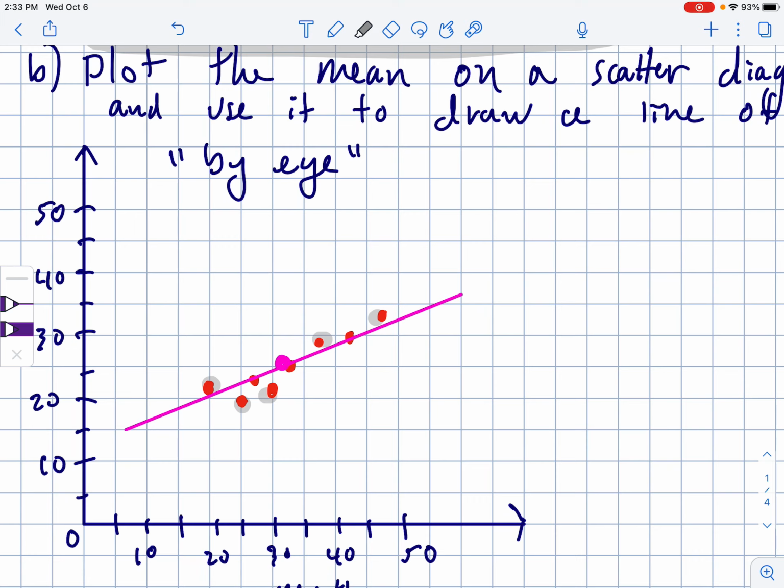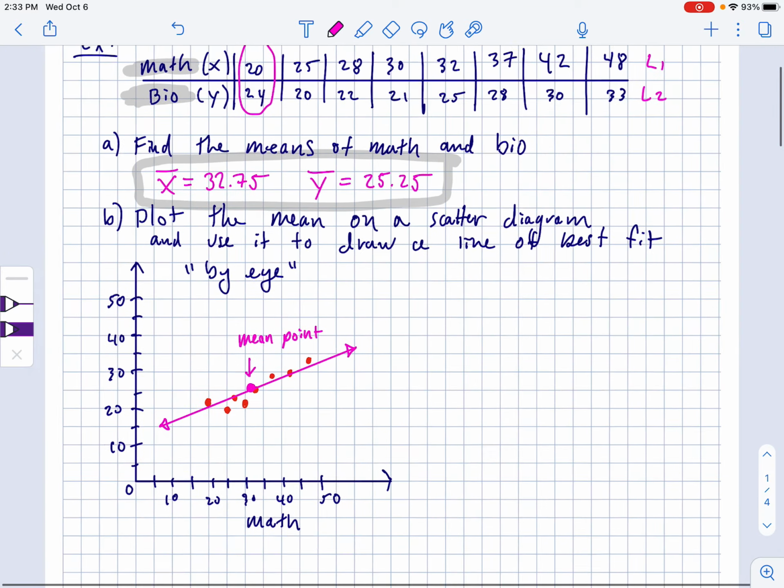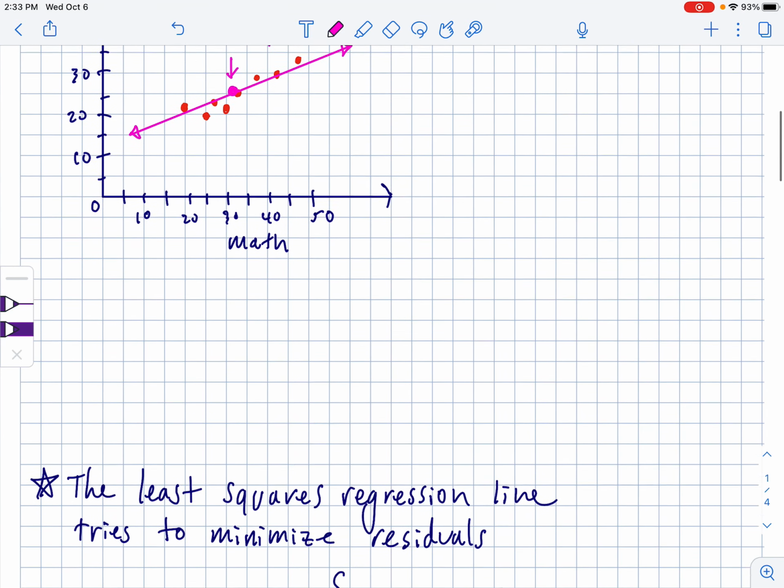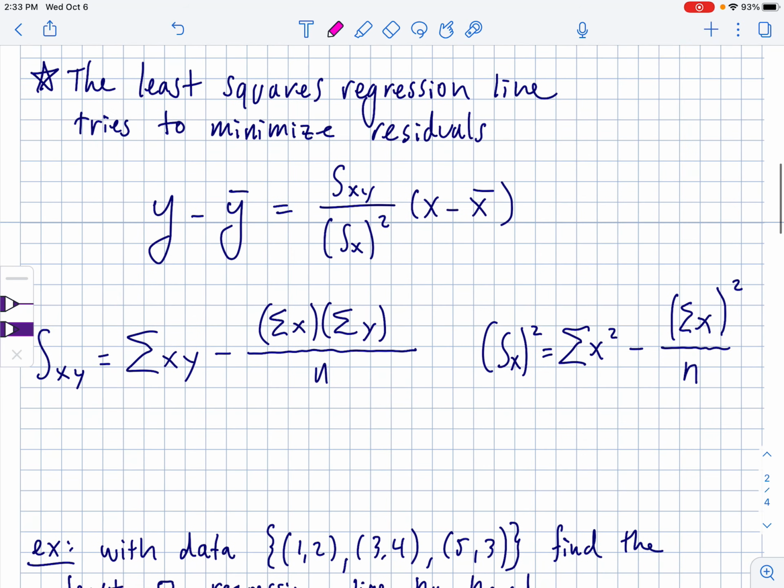Do you see that I tried to get 1, 2, 3 above and maybe 3 below, but it's not perfect. It's the by-eye method. So you just try to get about half above and half below, and it goes through the mean point. Okay, so that's really it for the by-eye method. It's not that great.